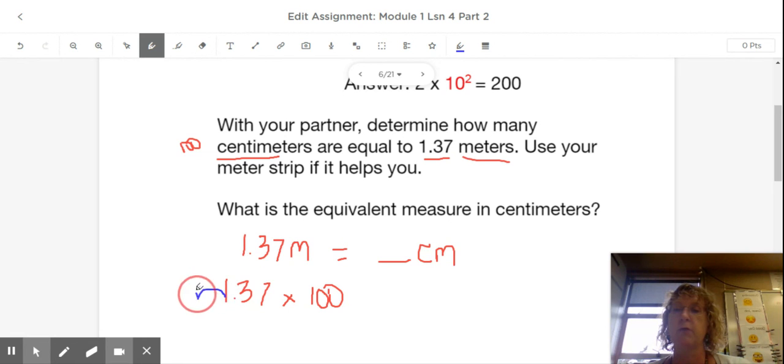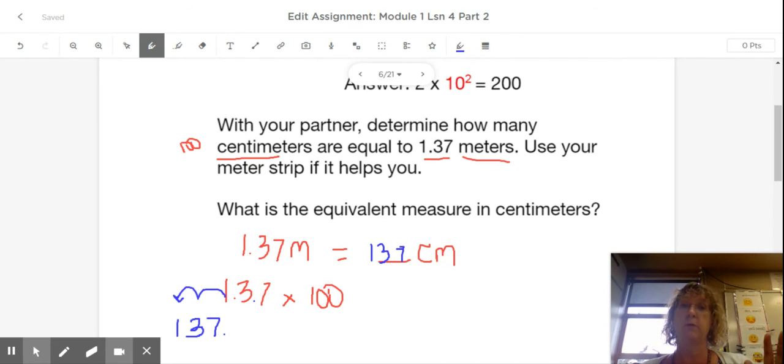This number is going to take 2 hops this way, becomes 1, then everything follows along behind it. 3, 7, right? Everything followed along by 2 steps. The 3 moved over 2 steps, 7 moved over 2 steps. Our decimal lands right there, okay? 137 centimeters.